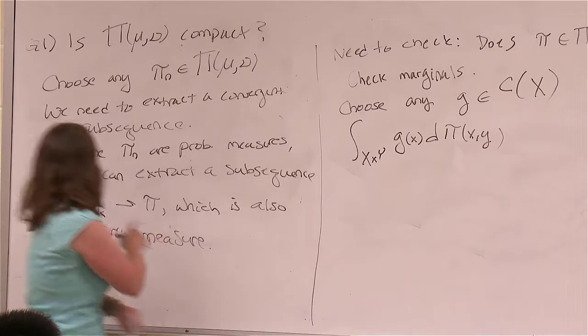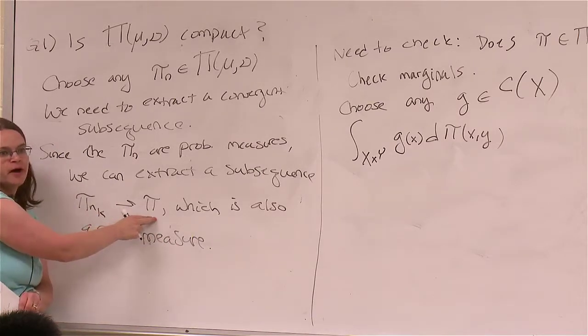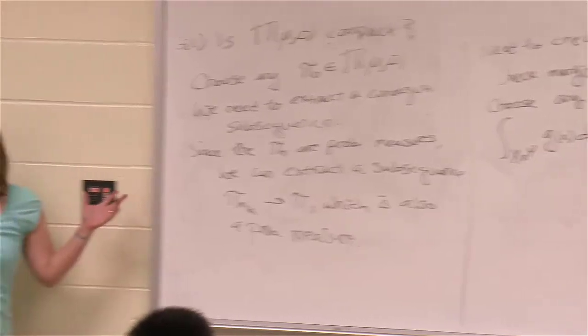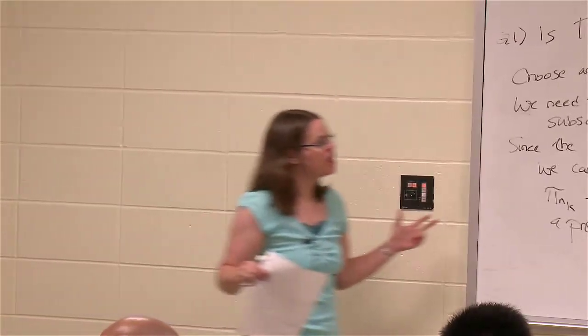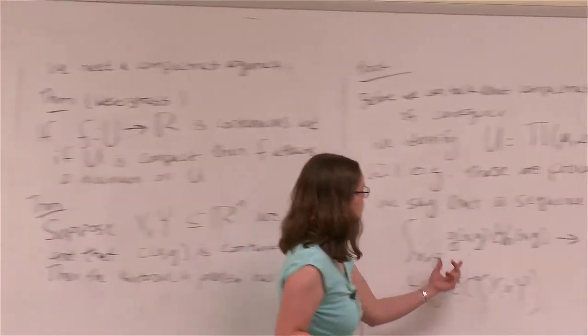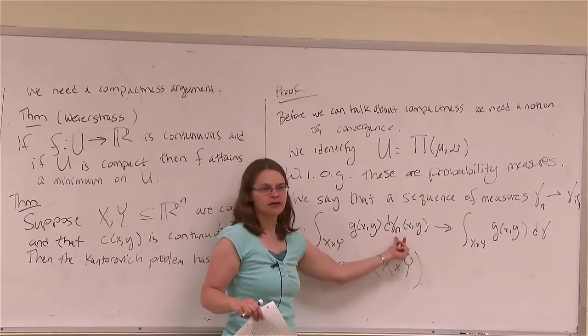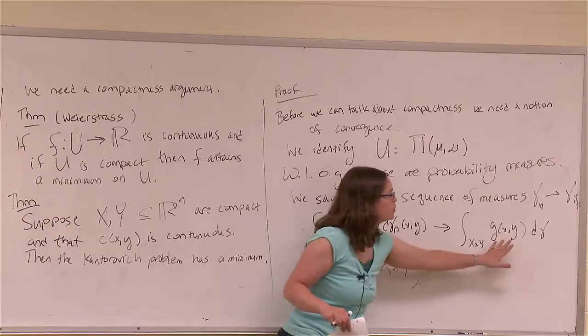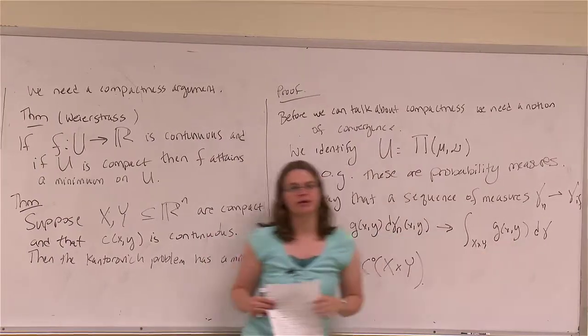Okay, so we said this sequence converges to pi, which is what we're interested in, and we said we had to come up with, at the start, what we mean by convergence. Convergence means that if we integrate against the elements in our sequence and take the limit, we get the integral of g against our limiting measure.